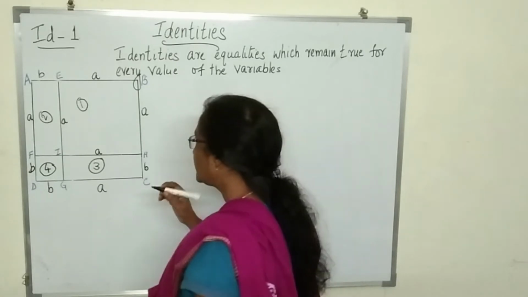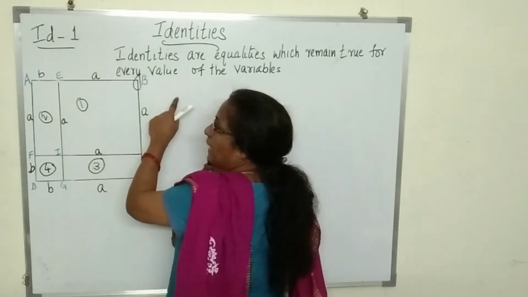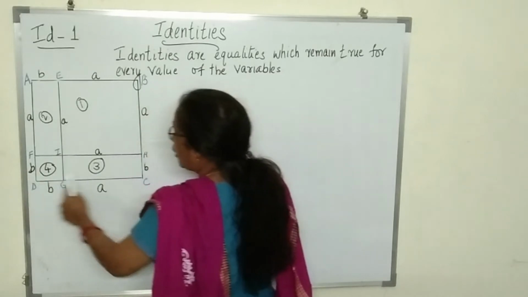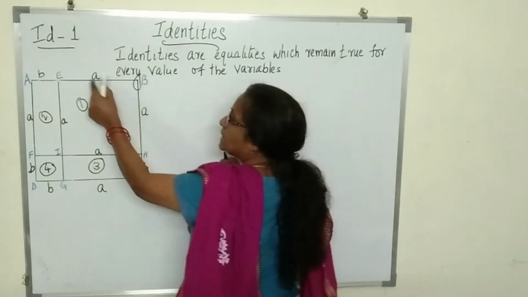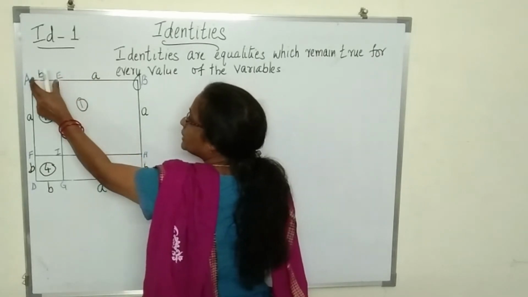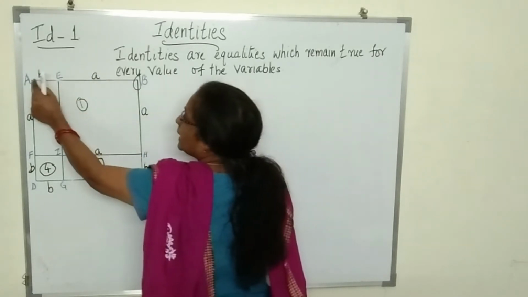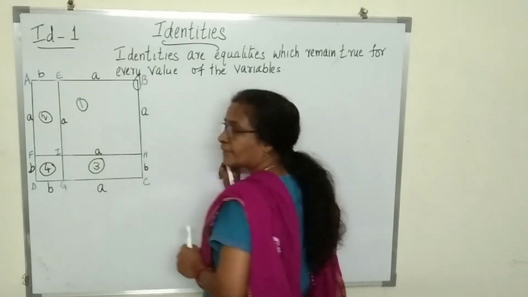Okay. So what will be the area of the bigger square? If you look at the sides, this side is A and this much is B. So what is the total length of the square?